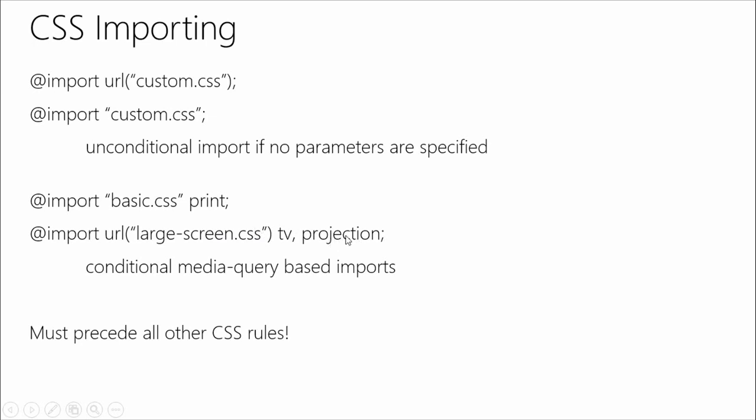So if it's something like a large screen, perhaps you want to change up the CSS to make fonts larger, images larger, increase contrast perhaps. That's when you'd use something like that. I think imports are a nice way to separate out your media queries from the rest of your CSS for what your standard page should be. Because CSS can get pretty big as it is. The moment you start targeting specific device sizes, it can just get out of control. So it's a nice way to break it down, make it more manageable. Yeah, definitely.